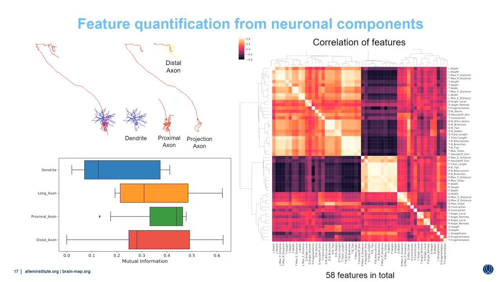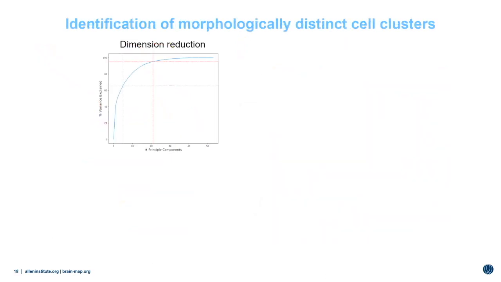We also performed feature-wise comparisons and observed significant correlation or anti-correlation between these features, which also indicates a certain level of redundancy. So to reduce this redundancy, we performed principal component analysis to reduce the number of features from 58 to 21 while still keeping over 95% of the information.